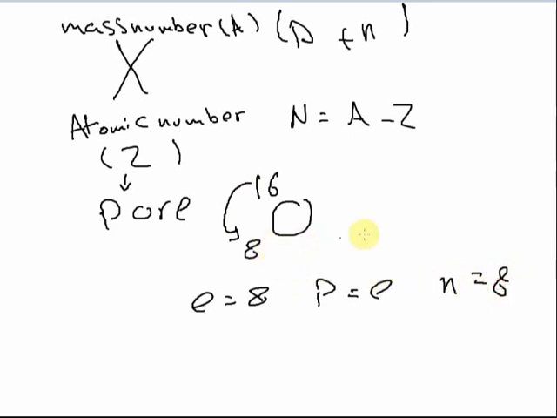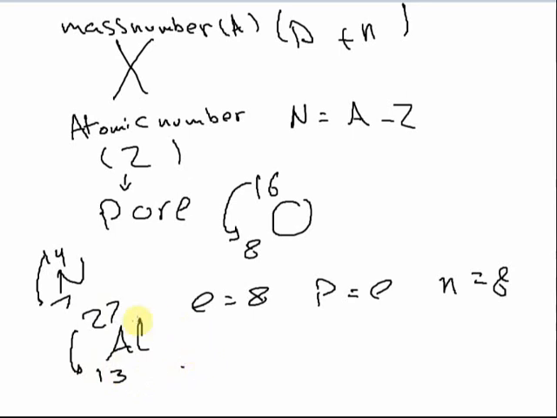Okay, if we have another example as N-14 (atomic number 7), the number of electrons and the protons equal 7 and the number of neutrons is 14 minus 7, which equals 7. If we have another example, Al-27 (atomic number 13), the number of electrons or protons equals 13 and the number of neutrons equals 27 minus 13, which equals 14.